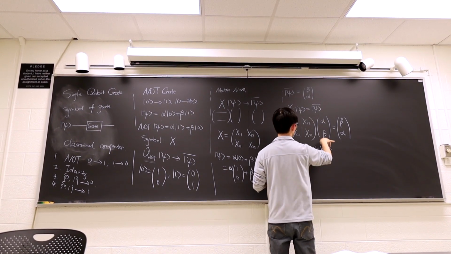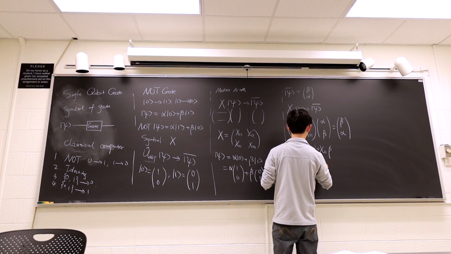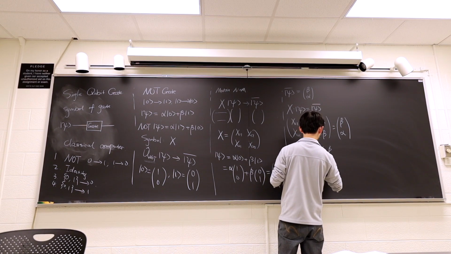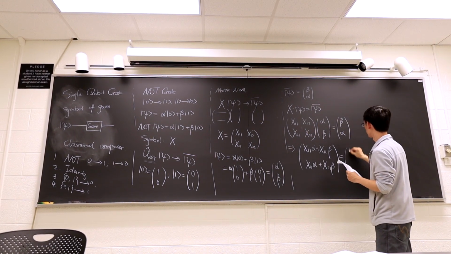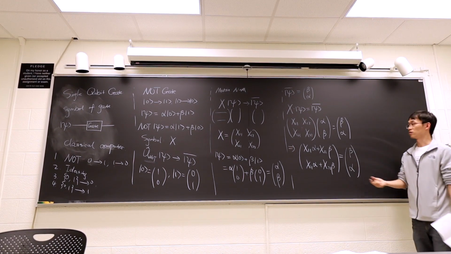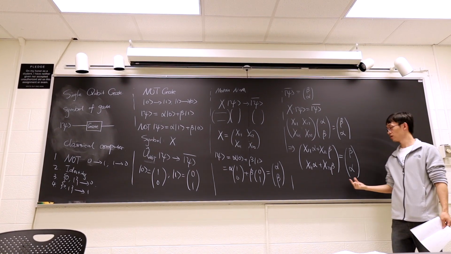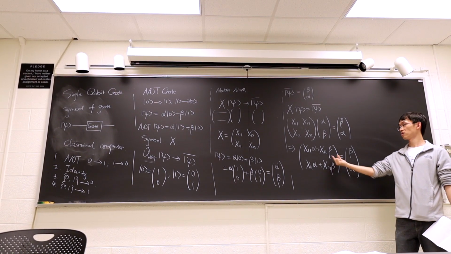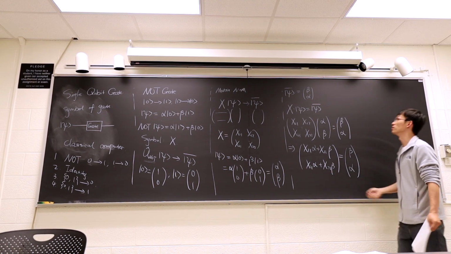Take first row for column. Second row: x21 alpha plus x22 beta. So this is now a vector equal to a vector, so their components must equal to each other.